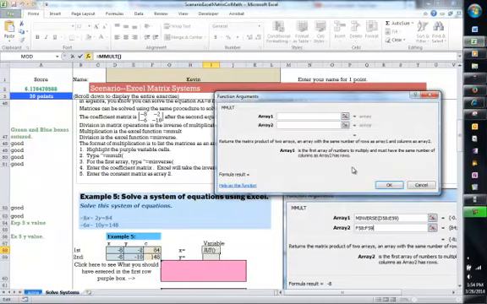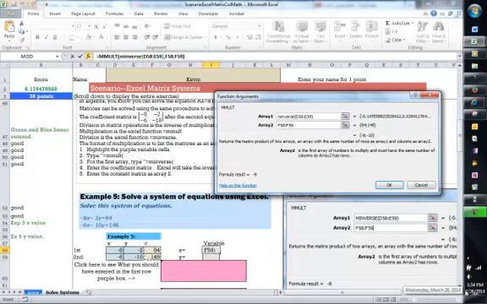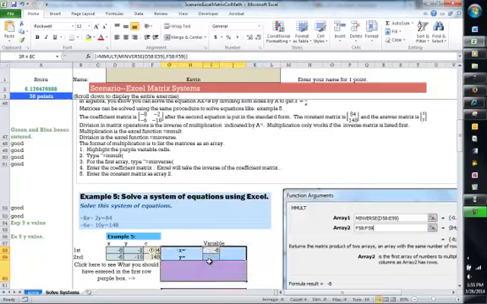Our first array is the matrix inverse of our coefficients. Our second matrix is our constant terms. And this is the part that I forgot to tell you. You have to press Control, Shift, and Enter, not click OK. Did I only have one cell highlighted?